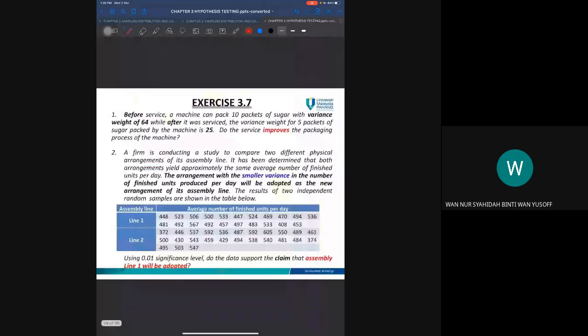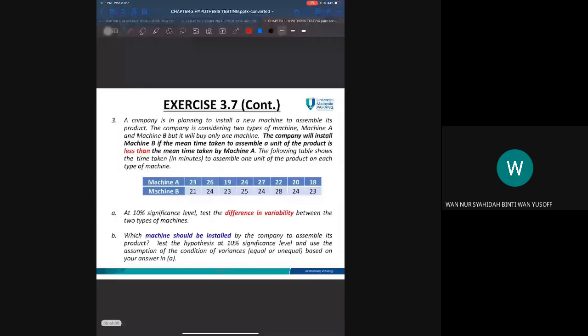Number 3 here. What is the variable in this question?